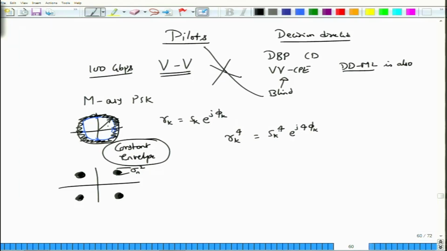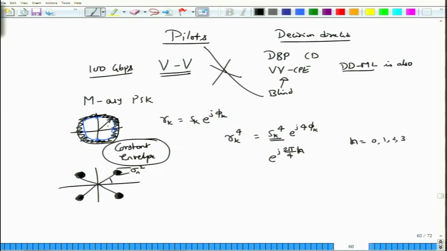Now what is Sk power 4, right? If you look at this, this is all given by e power j 2 pi n by 4, where n will be 0, 1, 2 and 3. I have to create these points, right.